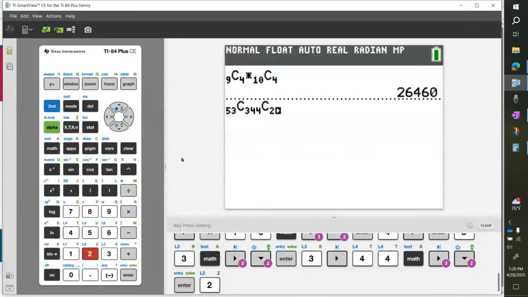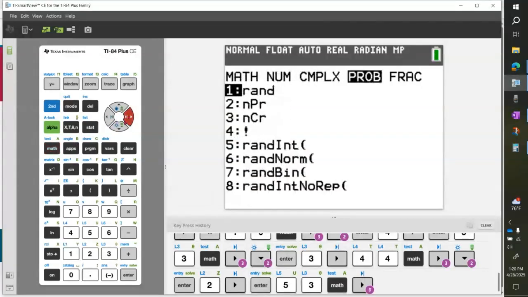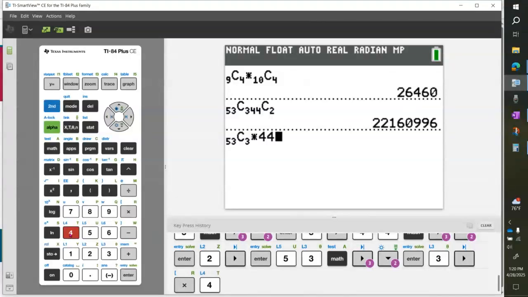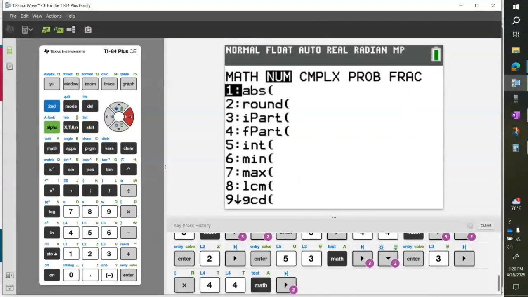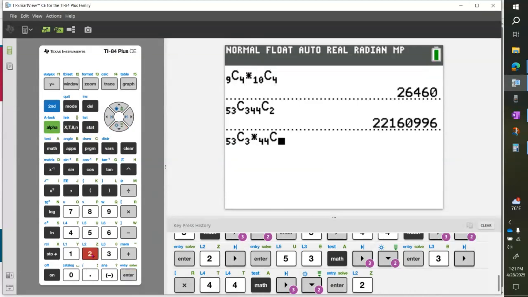You should understand it's a combination, right? I want to double check that the multiplication symbol in the middle could be left out. Let me just do it again: 53, it should be the same. You play with it and you get familiar with your calculator. Multiply 44, 2.